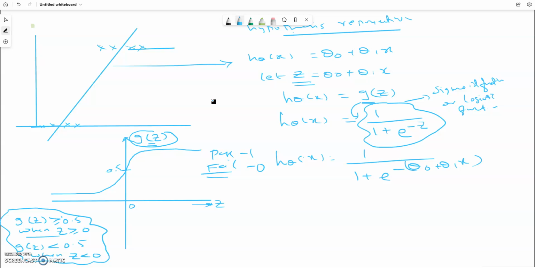We decide on a threshold value above which we classify values into class 1, and if the value goes below the threshold, we classify it into class 2, which is the fail category here.